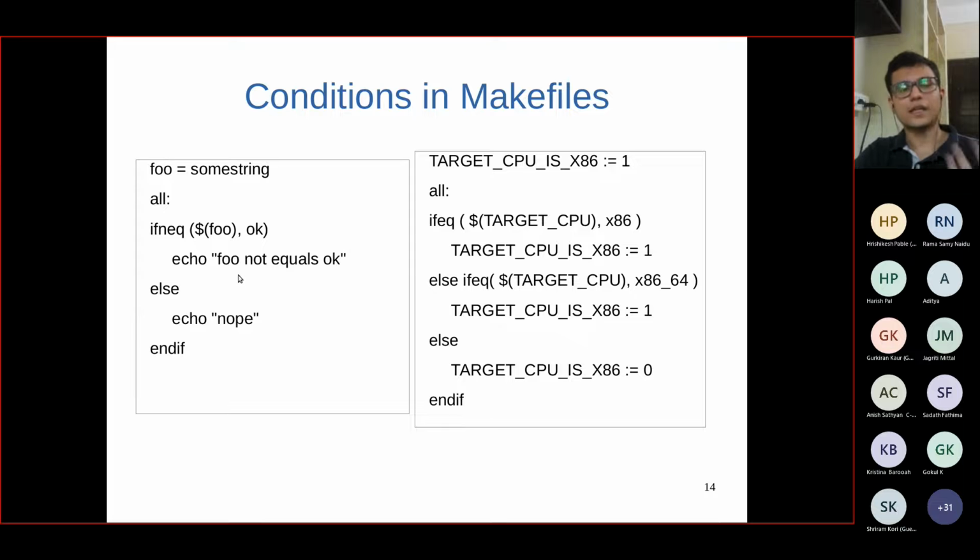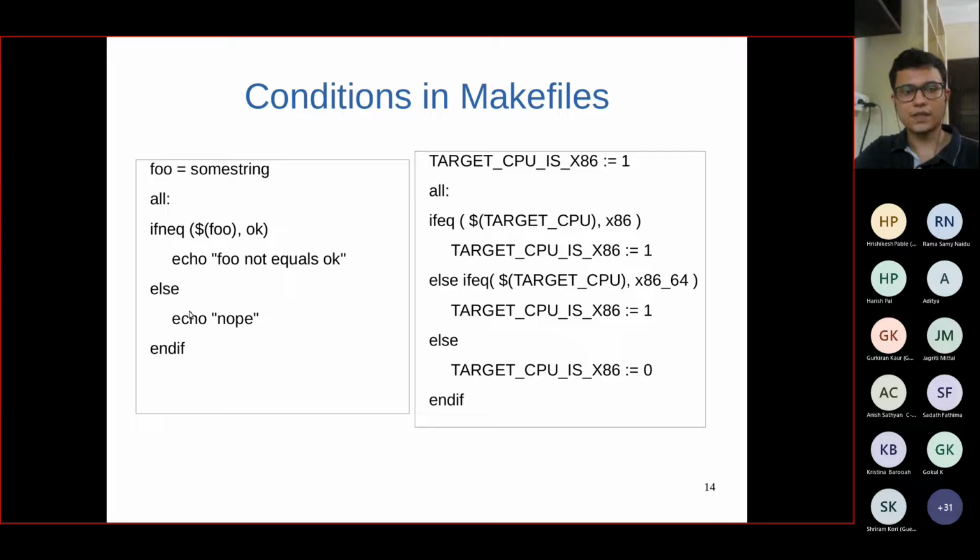Similarly, opposite to ifeq, there is ifneq. This will compare whatever is there here with here, and if they don't match, then it will execute the statements here, else it will execute this one.